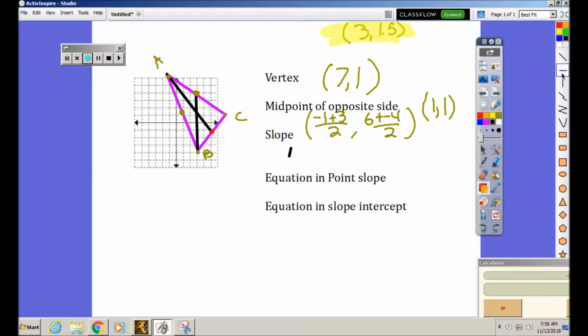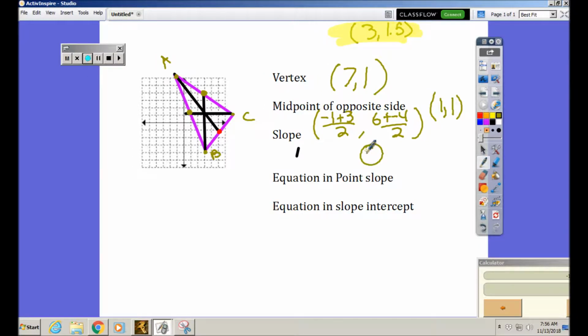And now I'm going to draw a line. Look, that's a what kind of line? If this was a vertical line, this is a horizontal line. What's the slope of a horizontal line? 0.